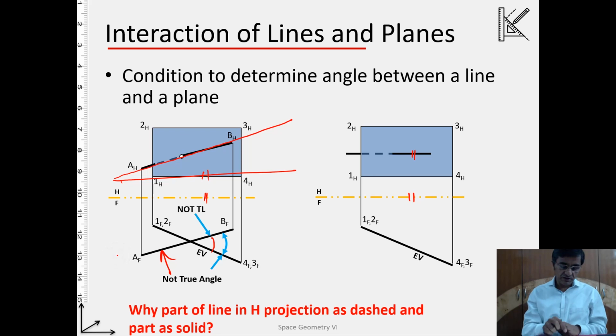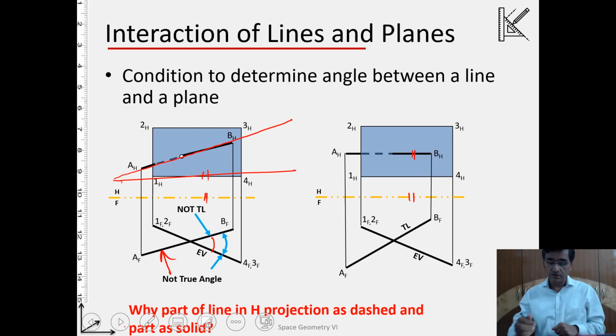If this line is parallel to the frontal plane, its projection onto the frontal plane will be the true length. So AF BF is the true length. We are writing it here. So now we have the condition. The plane is coming as the edge view, the line is coming as the true length, so the angle between these two will be the angle between the line and the plane. So this is the true angle.